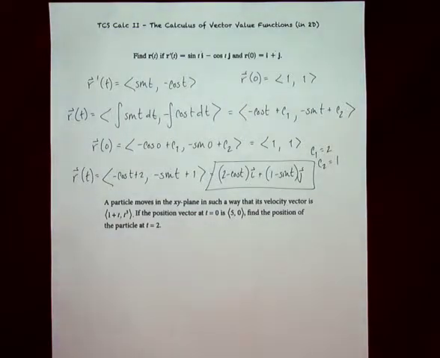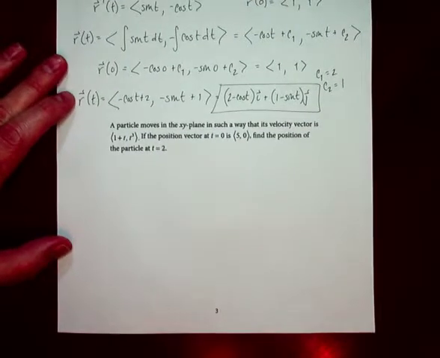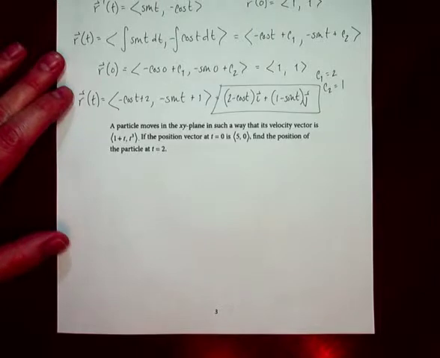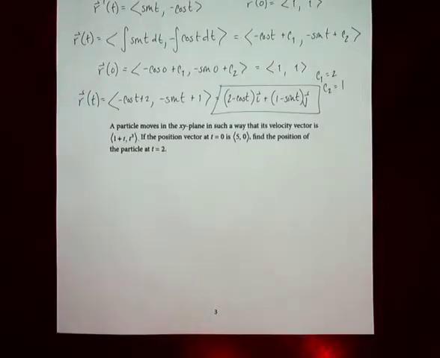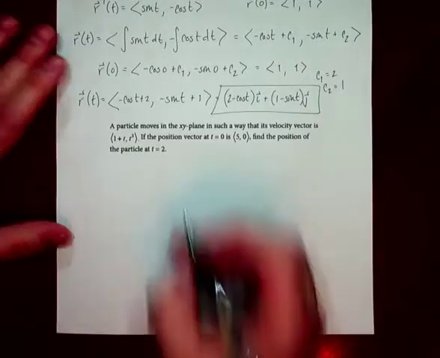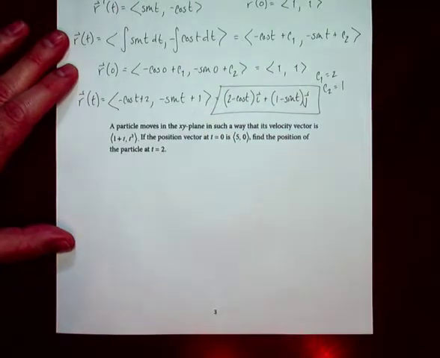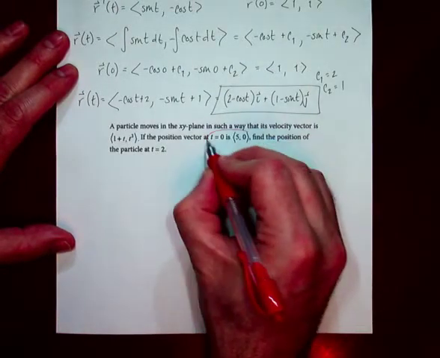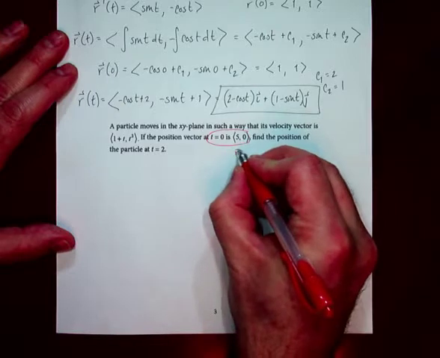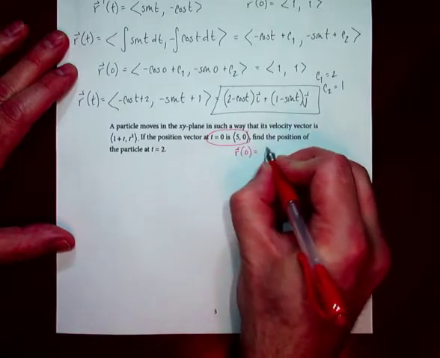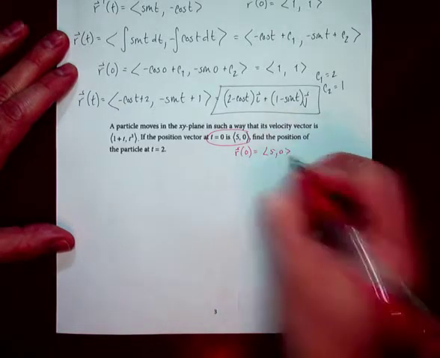Now, this next one is similar. It says a particle moves in the xy plane in such a way that its velocity vector is 1 plus t and t cubed. Now, if the position vector at t equals 0, okay, well, that's another way of saying r of 0 is equal to 5, 0.